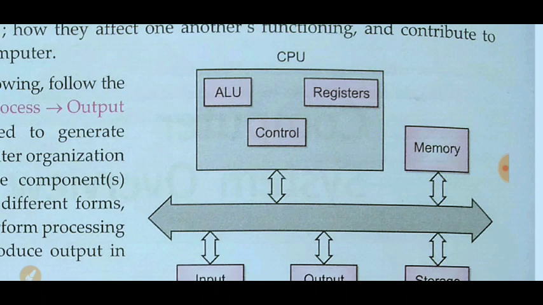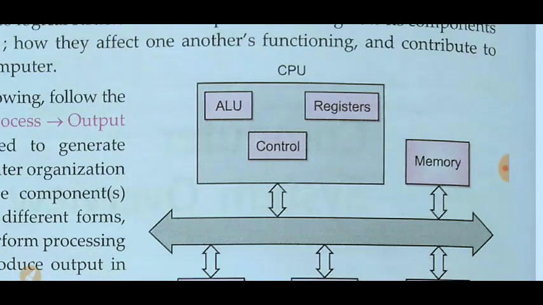Then if that data wants to perform some operation, like our data is 2 plus 3, means here 2 and 3 both are the data, and we want to perform addition on it, that time it will come under CPU, and ALU will perform arithmetic operation on it.